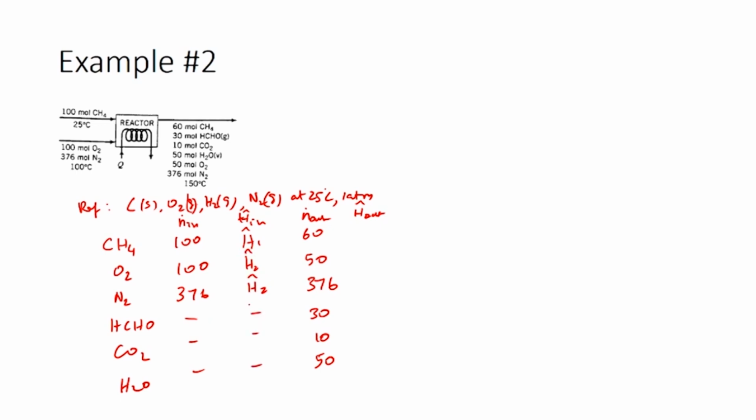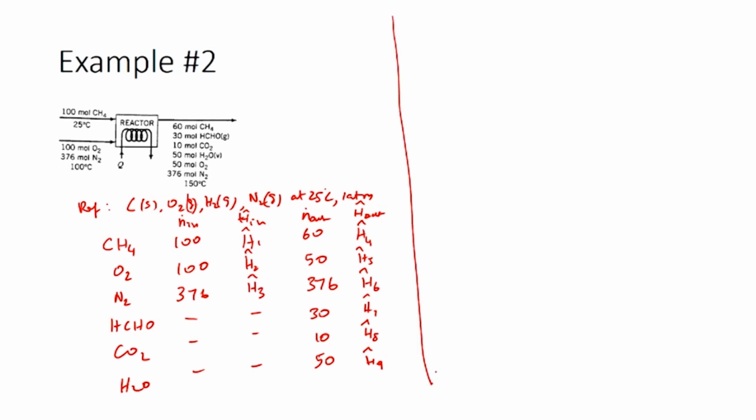Then you would have H4 cap, H5 cap, H6 cap, H7 cap, H8 cap and H9 cap, all of which have to be calculated, because for the compounds you have both formation and then heating, while for nitrogen and oxygen you just have the heating process. So, you need to account for 9 different enthalpies, calculate all of them, and then you would be able to calculate delta H dot.